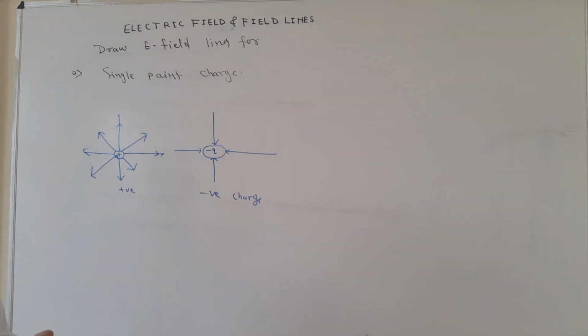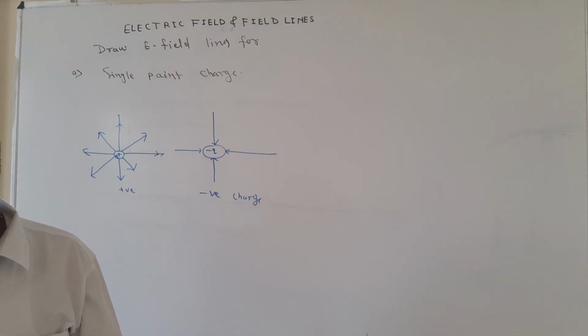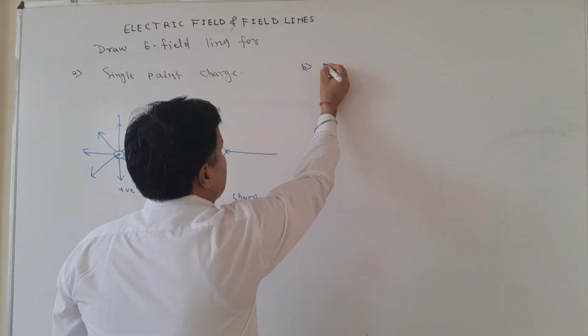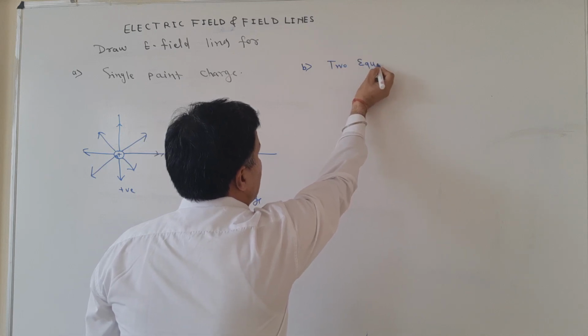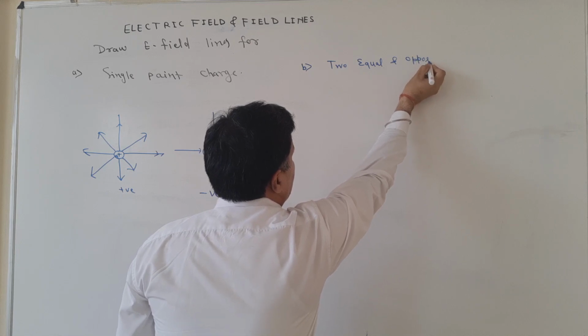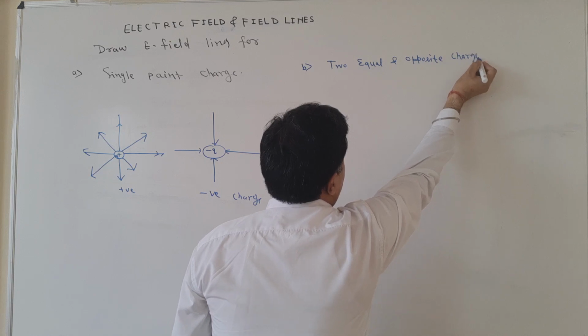Now what happens if we have two equal and opposite charges? Let me write here, case B: two equal and opposite charges.